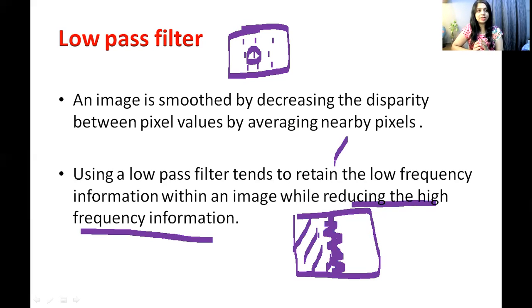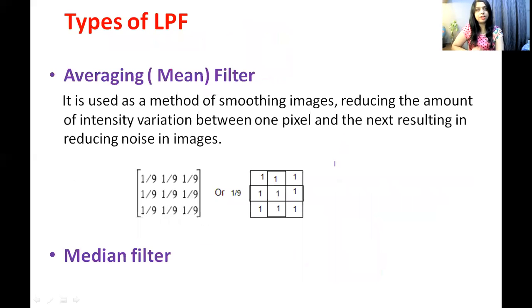You can see the wall behind me, or the curtain behind me, where variations are not much, so that is known as low frequency information. Now the boundary between this curtain and this carries high frequency information. So low pass filter will blur this high frequency information. That means wherever there are edges, it will blur that information.